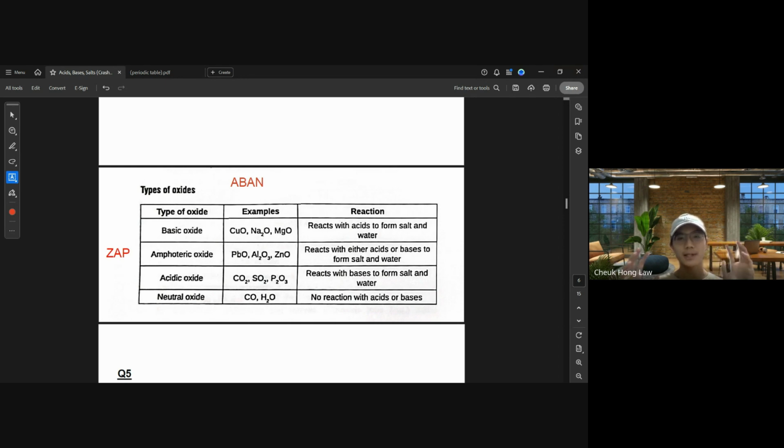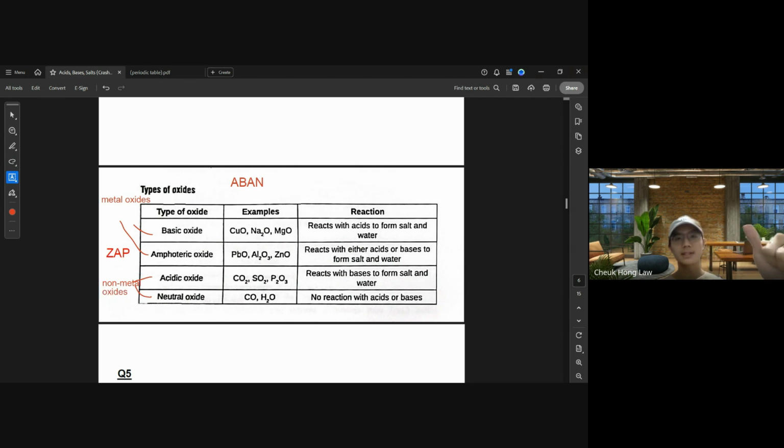We can actually split these 4 oxides into 2 groups. Your first group is metal oxides, and your second group is non-metal oxides.